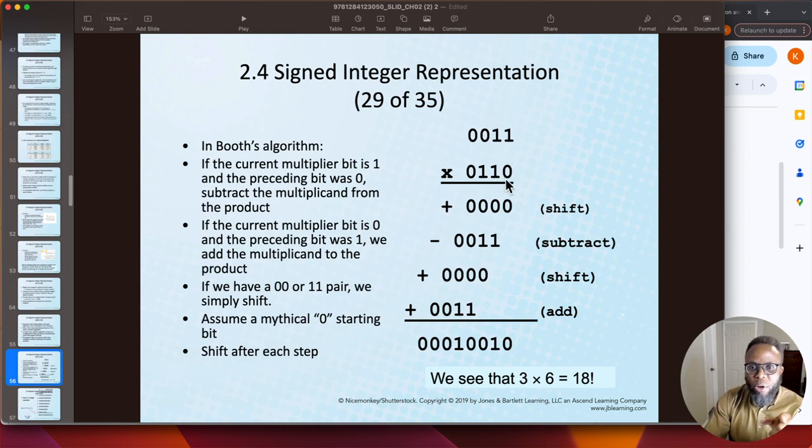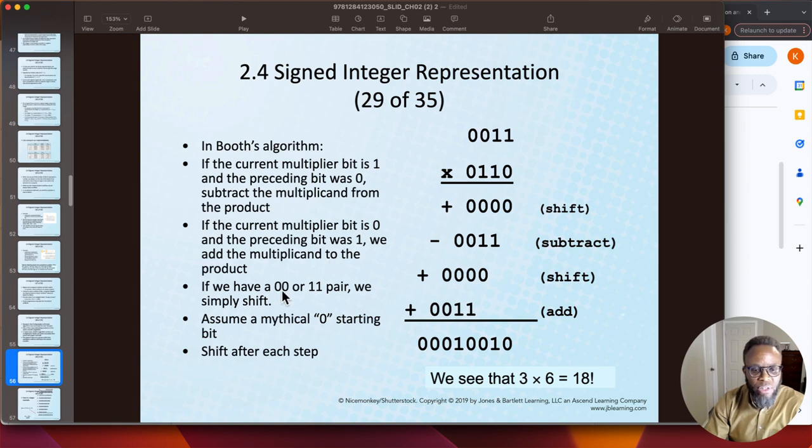If the current multiplier bit is 1 and the preceding bit was 0, you subtract the multiplicand from the product. And if the current multiplier bit is 0 and the preceding bit was 1, we add the multiplicand to the product.